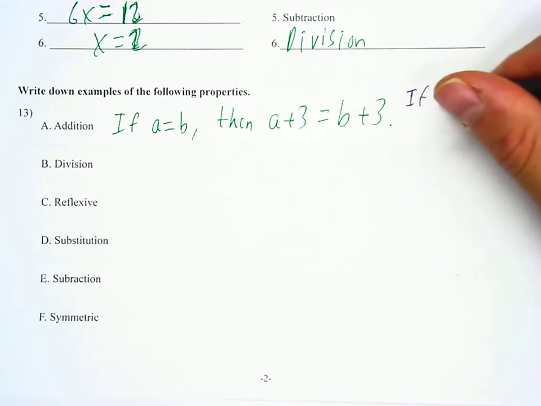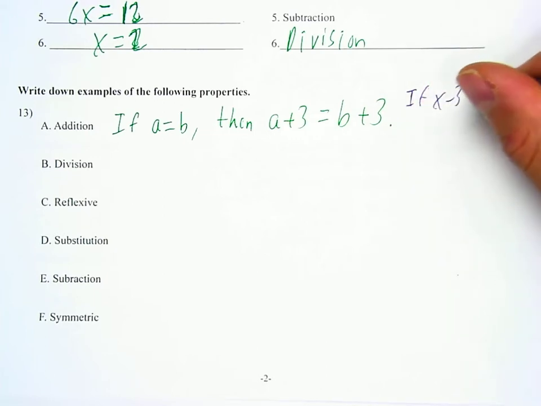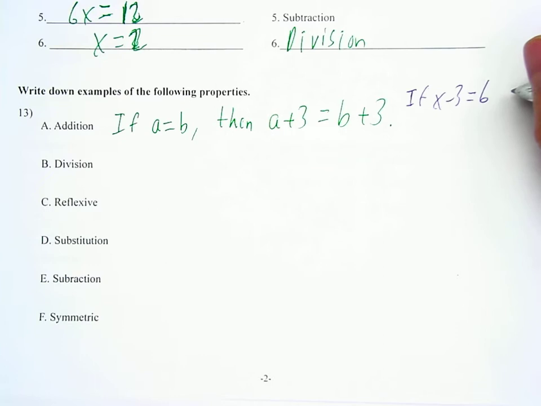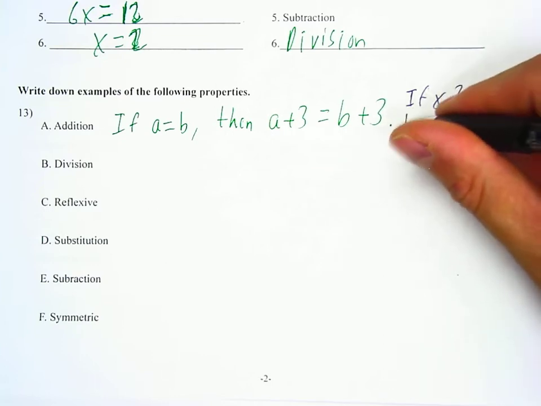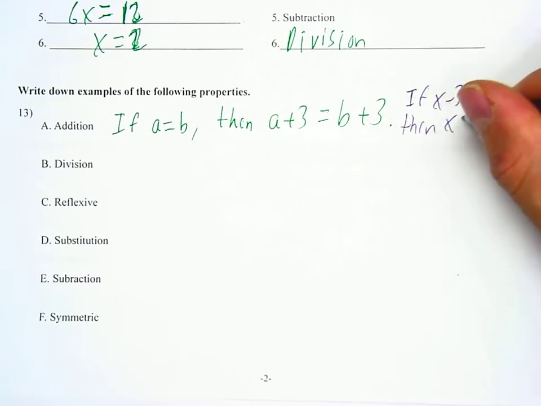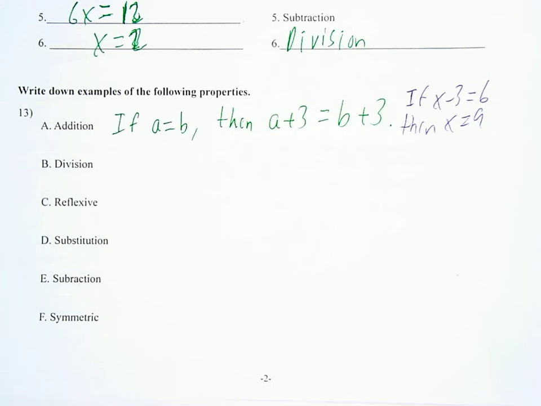If x minus 3 is equal to 6, then x is equal to 9. And how did I get the 9 there? I had to add 3 to both sides, because 3 plus 6 is 9. So that would be the addition postulate of equality, because I'm adding the 3 to both sides.